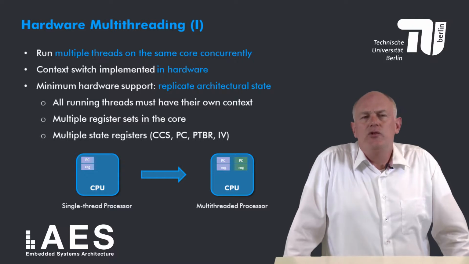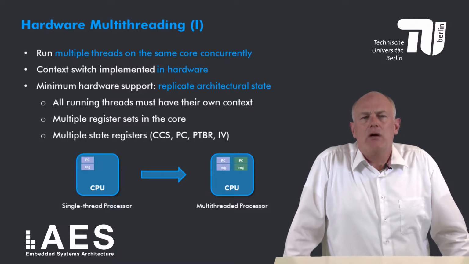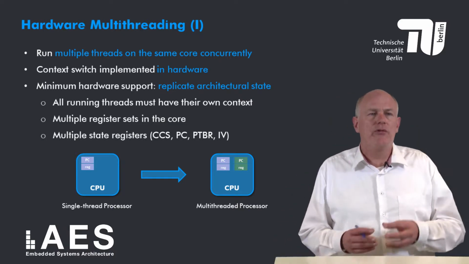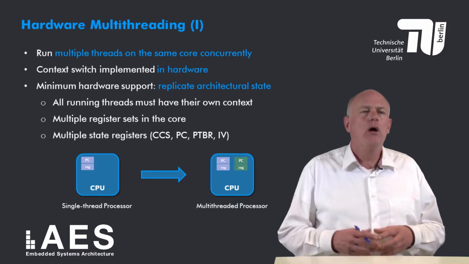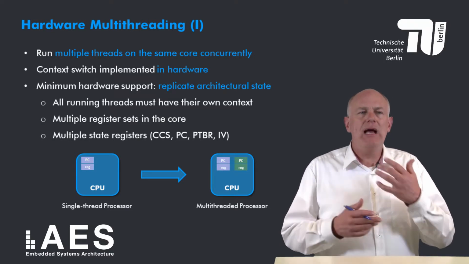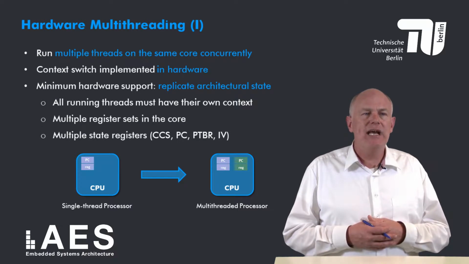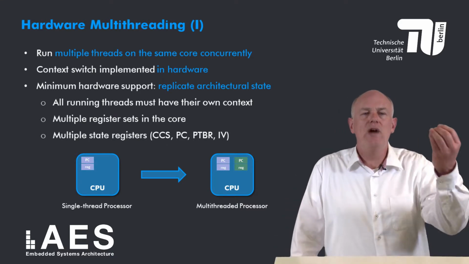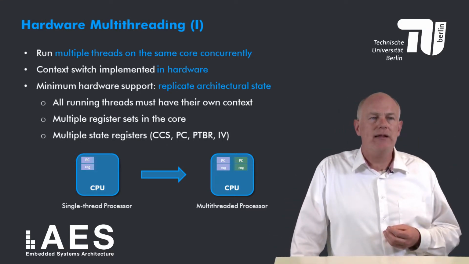So what we need to do is to make the cost of a thread switch smaller. We want to be able to run multiple threads on the same core really in parallel. So we need to implement the context switch in hardware. And the minimum support in hardware we need is to replicate the architectural state.